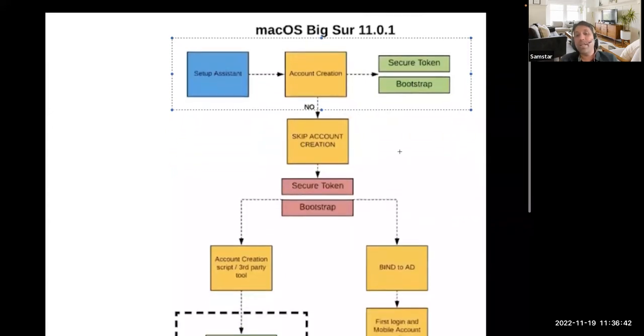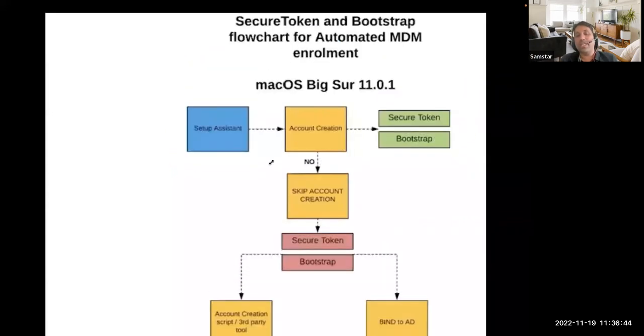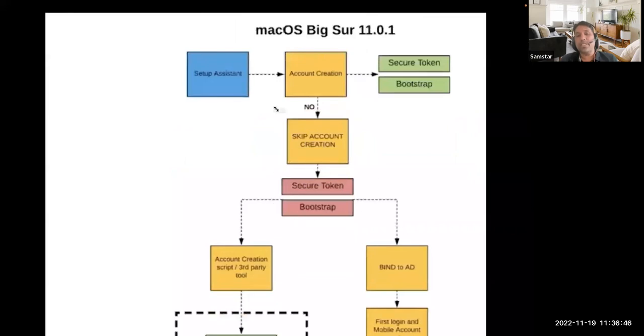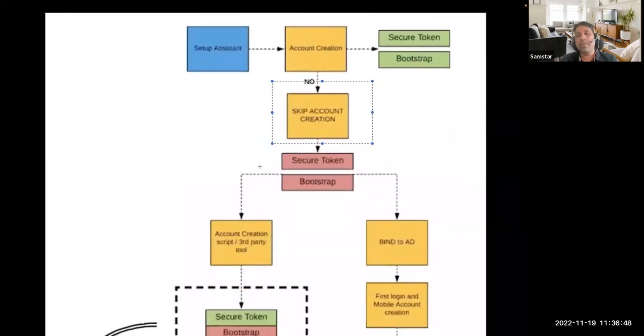But if in pre-stage you are saying to skip account creation, that means the secure token will not be generated and the Bootstrap will not happen. Now, if the Bootstrap is not happening, how will the secure token be generated? How will Bootstrap happen? So there are two ways.